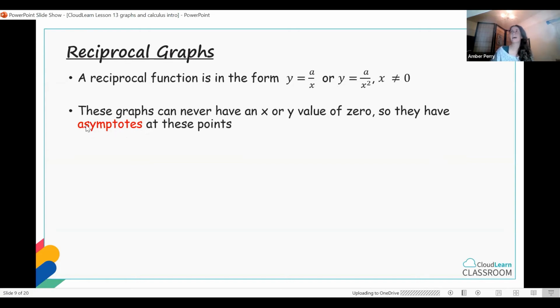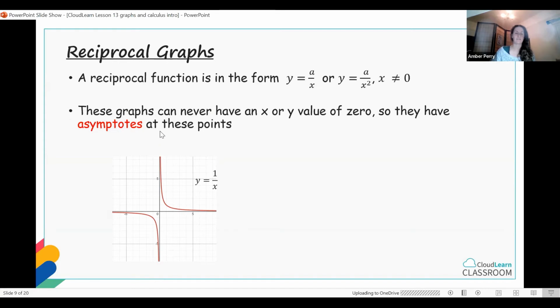If you have heard the word asymptote before, it might be new to some of you. An asymptote is basically a line on a graph where the graph will get closer and closer and closer to it, but it will never go through it, okay? So this graph here has both the x and the y axes as asymptotes. That graph will get closer and closer, but it will not go through the x-axis.